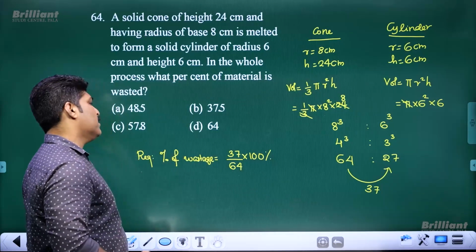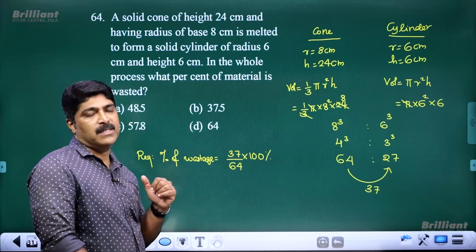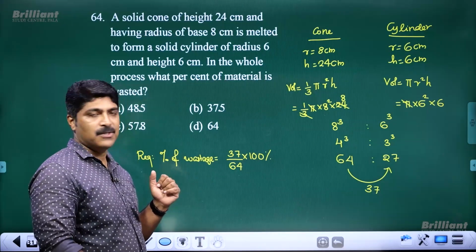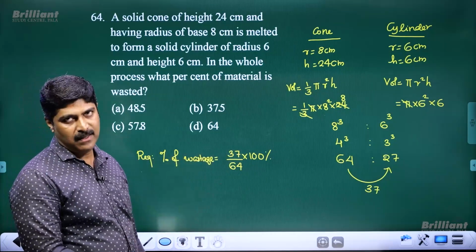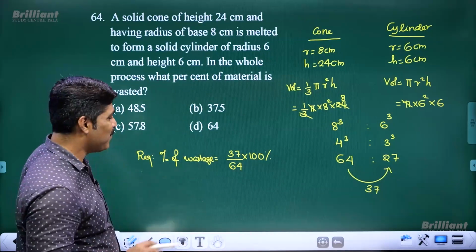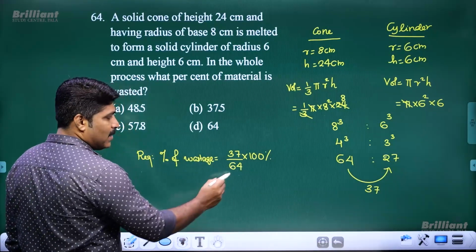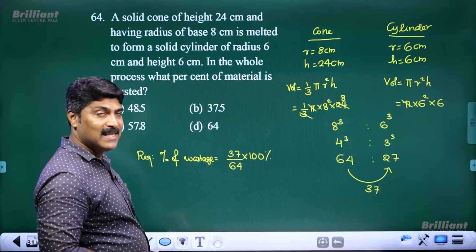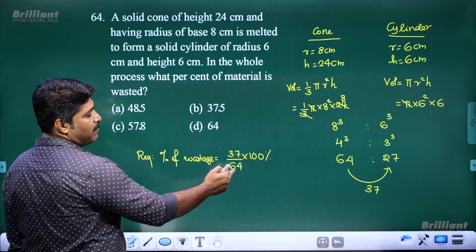How to solve this type of questions? You just simply consider what is 50% of this denominator, that is 32. Here the numerator is greater than 50, but the numerator is less than 60. That's the important point. Here we have to refer to what is 50% and 60%.